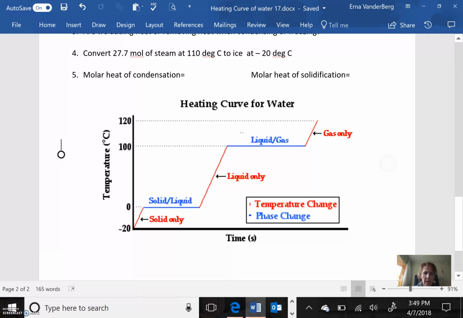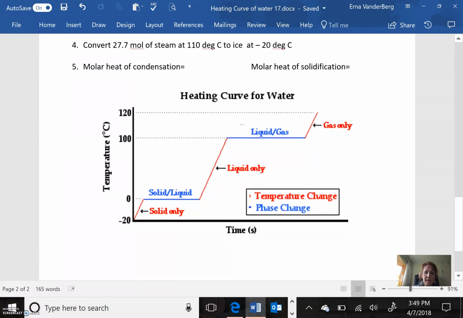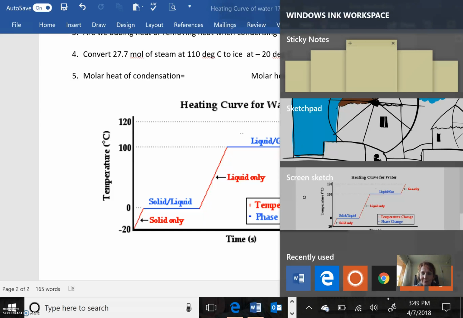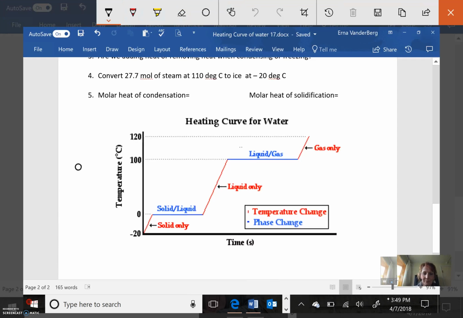Here we go. So if we start with steam over 100 degrees, we have superheated steam. And we need to actually cool it down to 100 degrees before we can condense it.